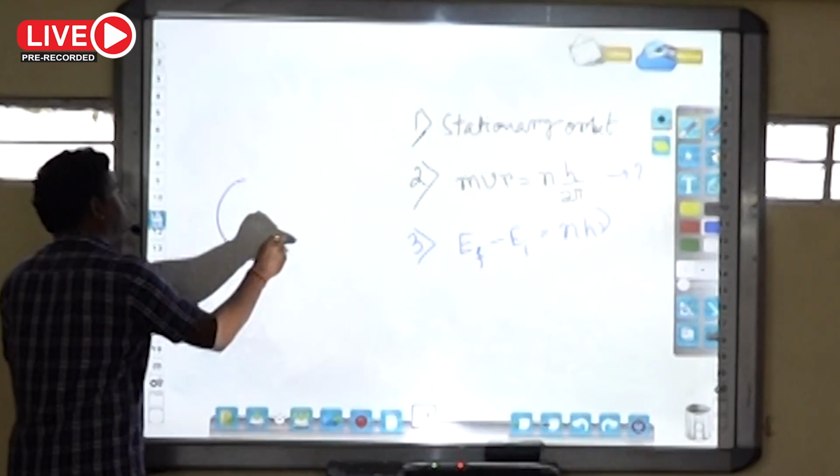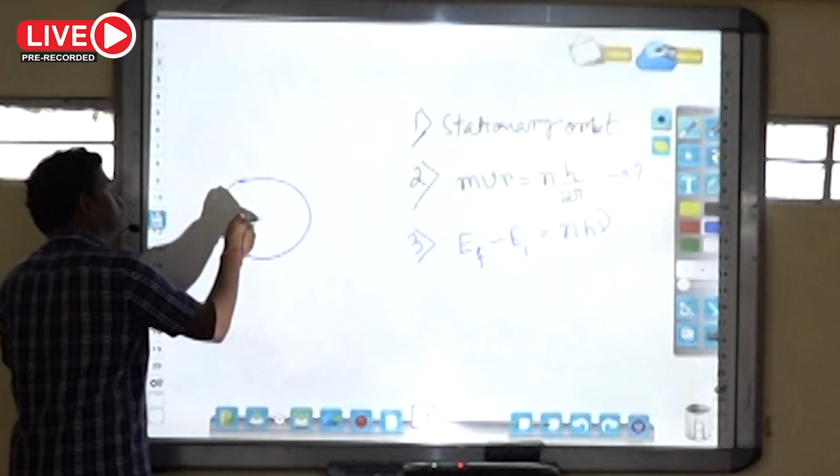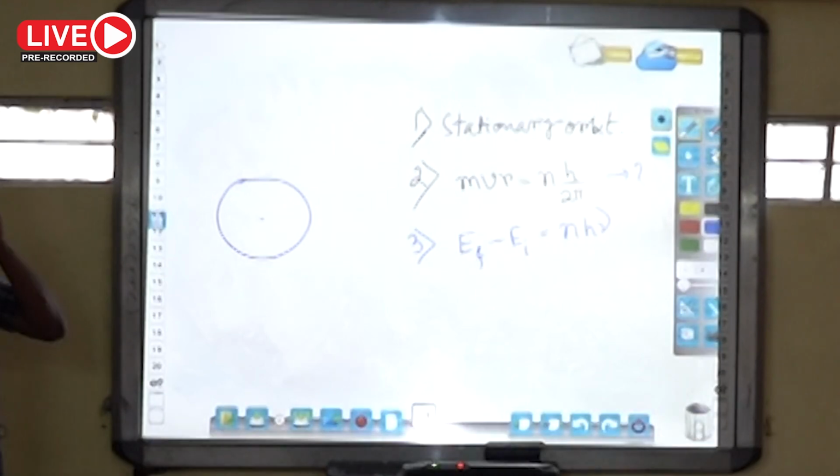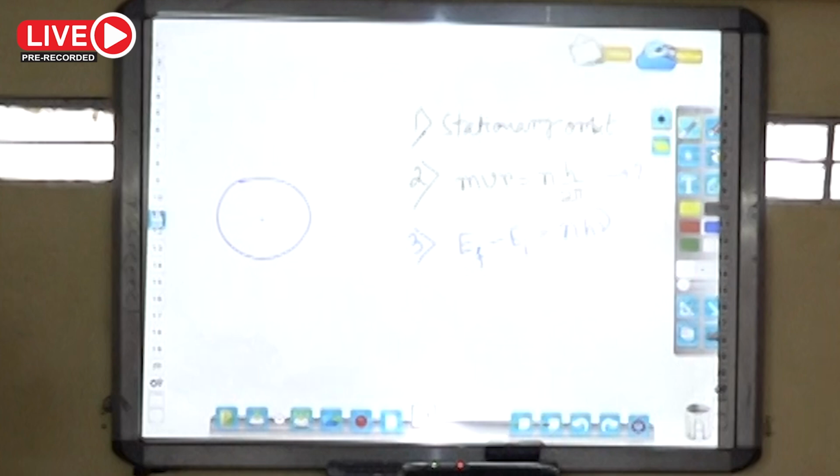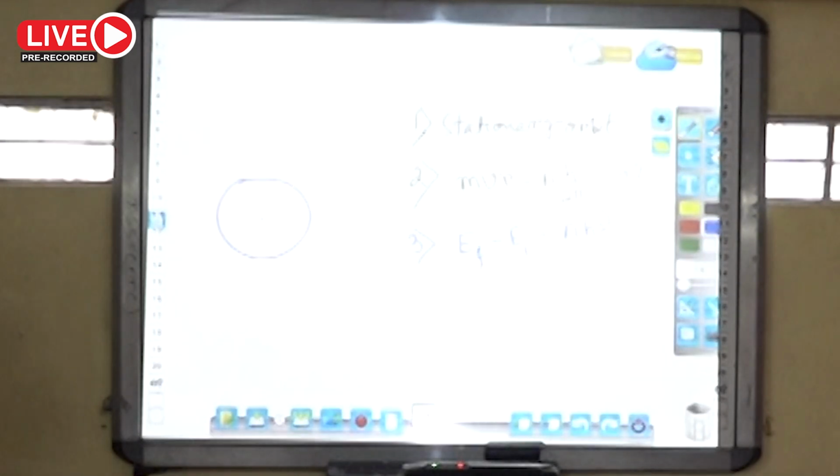Suppose this is one orbit. Bohr considers a circular orbit. This was one of the faults of the Bohr model, that Bohr considered the orbit to be circular. The orbits are not actually circular, they are elliptical.